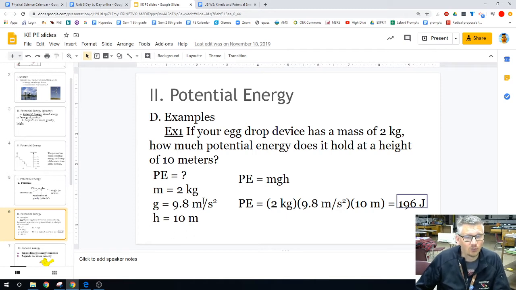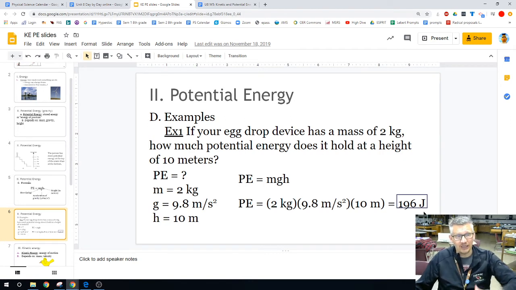We know the mass is 2 kilograms, our gravitational pull is 9.8, and we have a height of 10 meters. So we take 2 times 9.8 times 10, and when we multiply that out, we get 196 joules. Energy is labeled in joules.